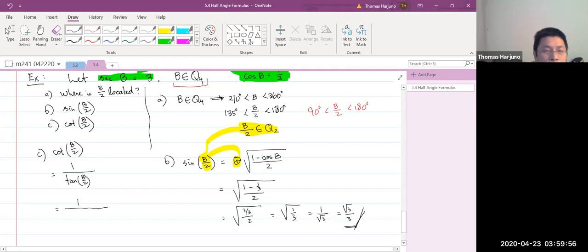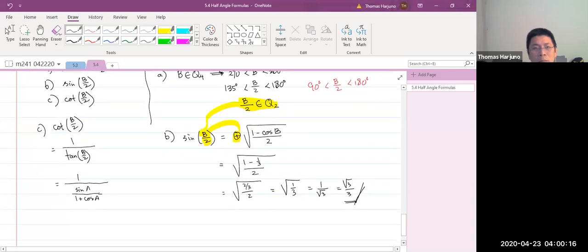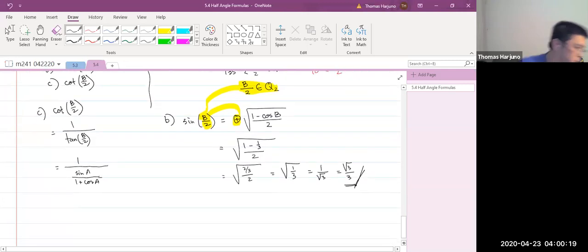Let's say I use that one, sine A over 1 plus cosine A. Let me use that. Therefore, this will be basically the reciprocal, right? That's 1 plus cosine A over sine A.